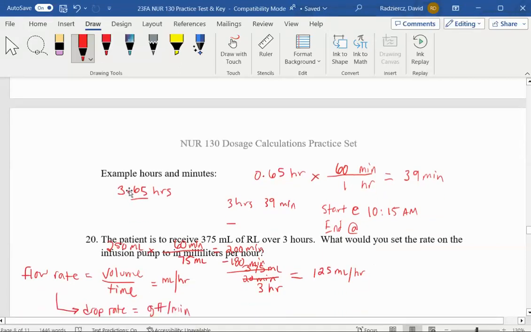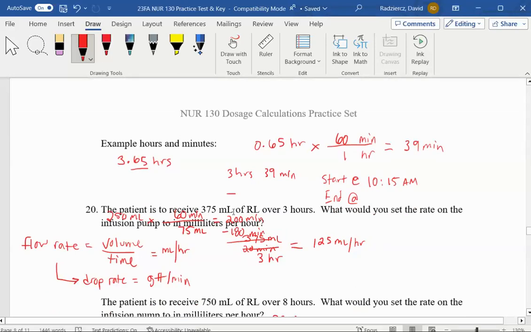All right, I'm seeing the answer that I also got. You might need to answer that in military time, which would be 13:54, or in standard time, which would be 1:54 p.m. All I did was add 3 hours to the 10 and 39 to the 15, and you make sure that because we went past noon, it becomes p.m. That's how you would do a start and end time.